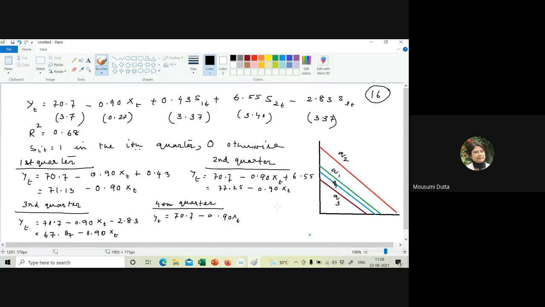Third quarter shows lesser seasonal variation compared to the reference season, that is Q4.